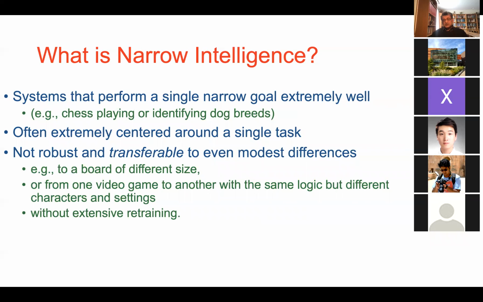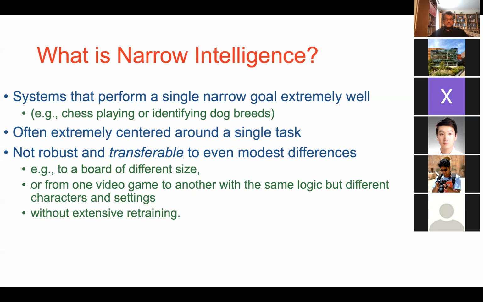Some of these narrow goals were actually attempted with non-deep learning, with symbolic methods earlier on, and then deep learning did much better than the symbolic methods, but they still are narrow. But you have a Go playing program, identifying dog breeds, right? It's some kind of a classifier that works on CIFAR images, and it's able to say what kind of dog it is. And they're often extremely centered around a single task.